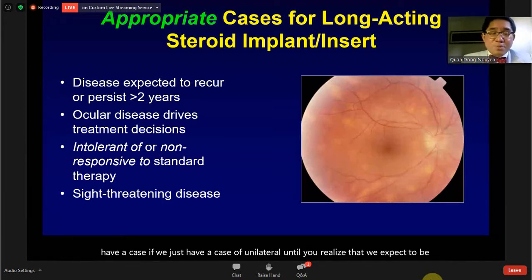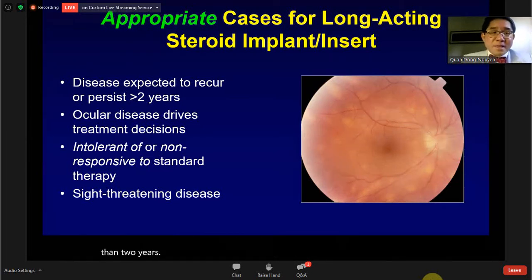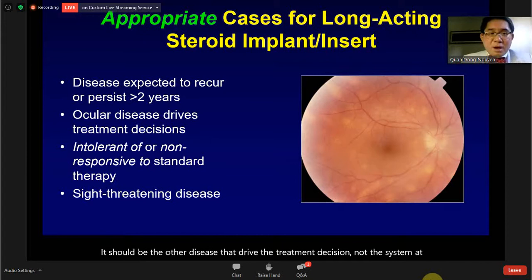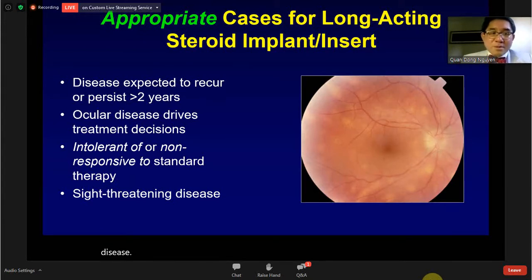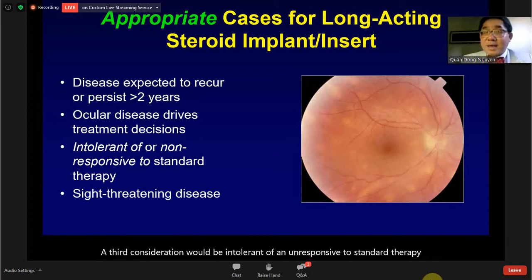So therefore, the disease should be expected to recur or persist for more than 2 years. It should be the ocular disease that drives the treatment decision, not the systemic disease. A third consideration would be intolerance of or non-responsiveness to standard therapy. And the fourth would be certainly sight-threatening disease, which therefore gives us the indication to consider it.